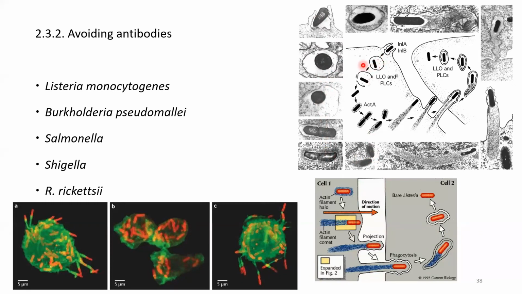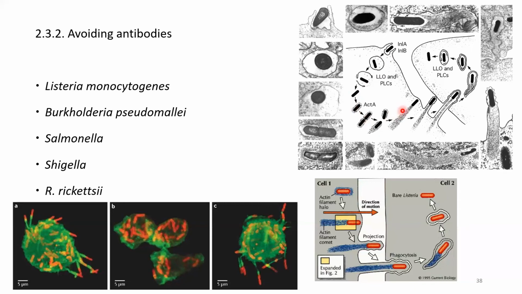They live in the phagosome, and they have an enzyme to lyse the phagosome wall and get out into the cytoplasm. When they stay in our cytoplasm, they would like to infect the next cell.